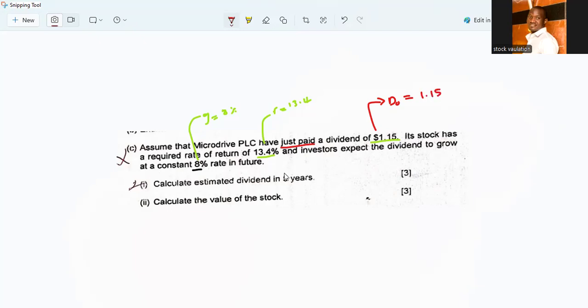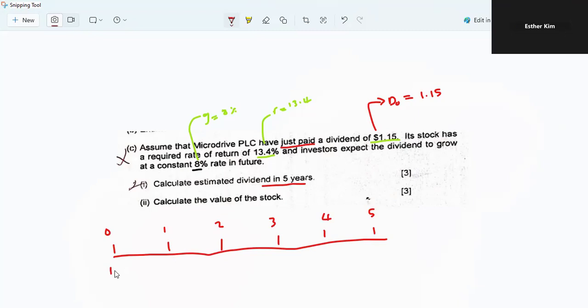Okay, so how do we calculate the estimated dividend in 5 years? We use the number line: 0, 1, 2, 3, 4, and 5. What are we starting with? What is our D0? 1.15.